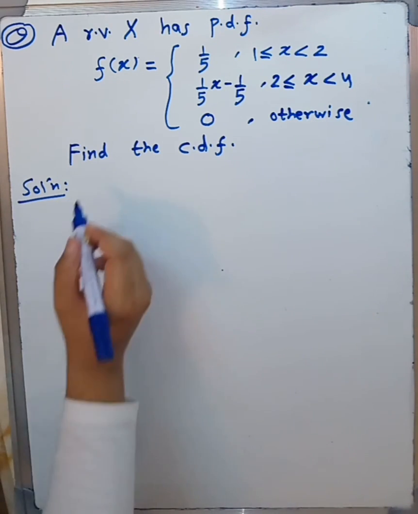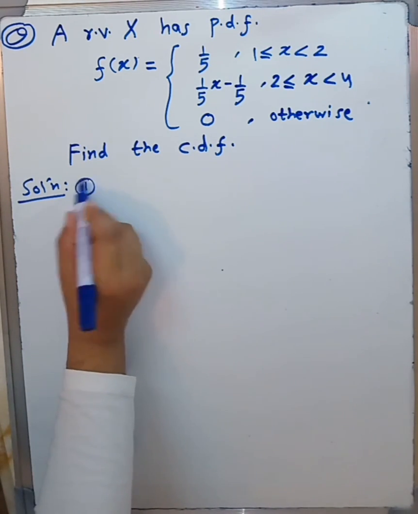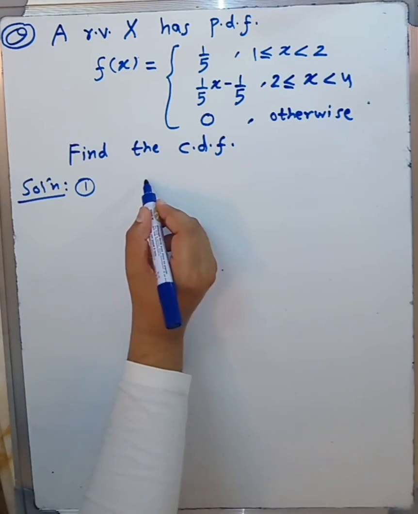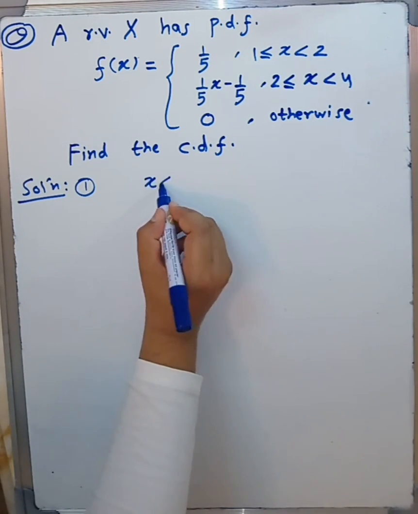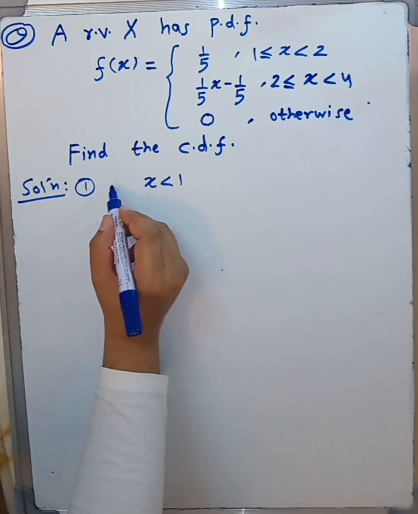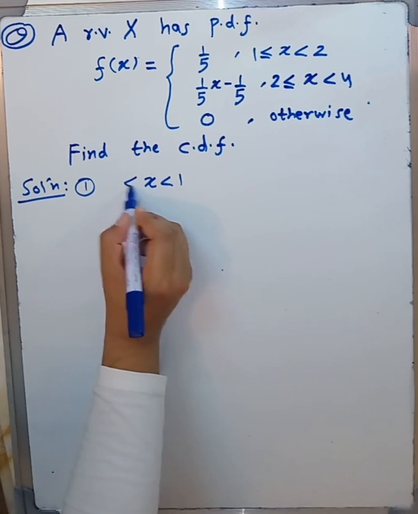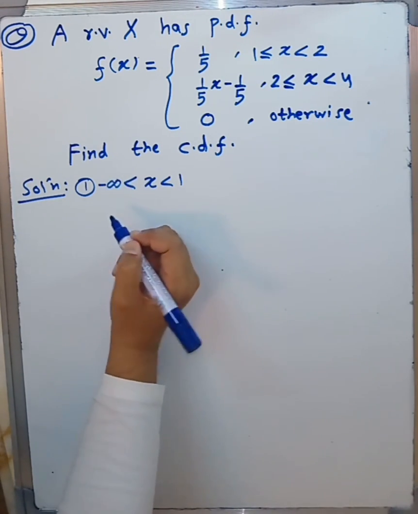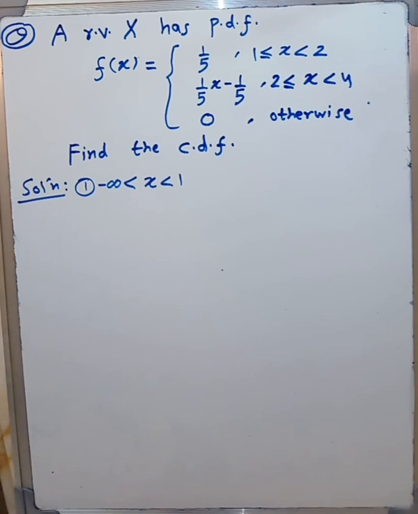So let's start with the first piece, when x is less than 1, or we can say when x is less than 1 and greater than minus infinity.